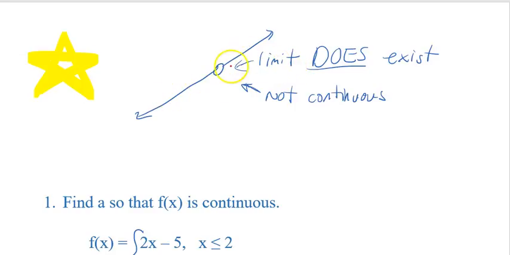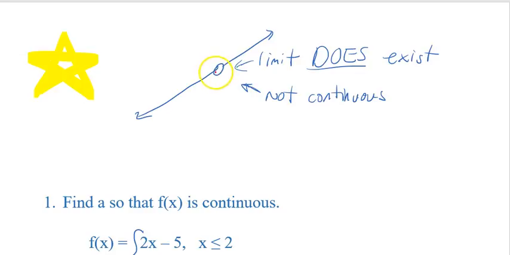Because both sides are going to the same y value. Okay, both sides are coming to that same place. And remember, limit means you can get close to it or you can touch it. So this gets close to it on both sides. It doesn't actually touch it because the point's not there, but the limit does exist because of the definition of limit. It's not continuous because it is a point discontinuity.